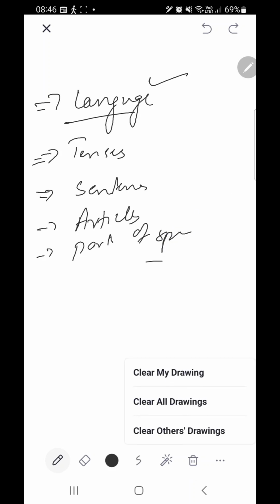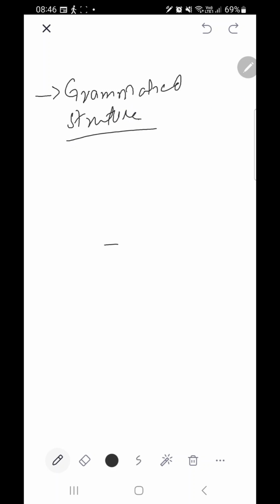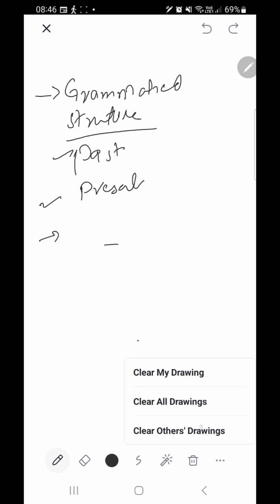So as you can see, letter writing is the composition of different events that happened at different times. So we need an appropriate range of grammatical structure: which event happened in past tense, which event happened in present tense, which happened in perfect form, or which happened in the continuous form, and so on.